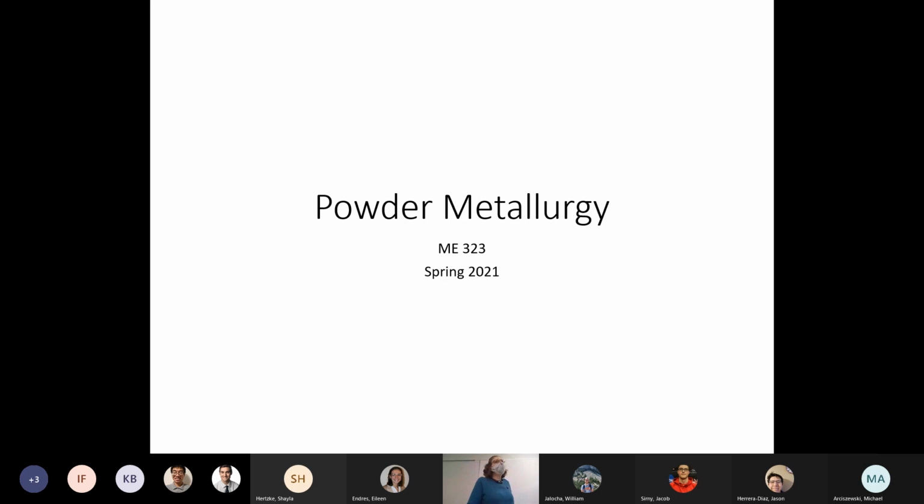It is a solid state process, meaning we don't melt. We are at a high temperature, about 0.7 to 0.9 of the melting temperature on the absolute scale. The process itself takes anywhere from 10 minutes to 8 hours.